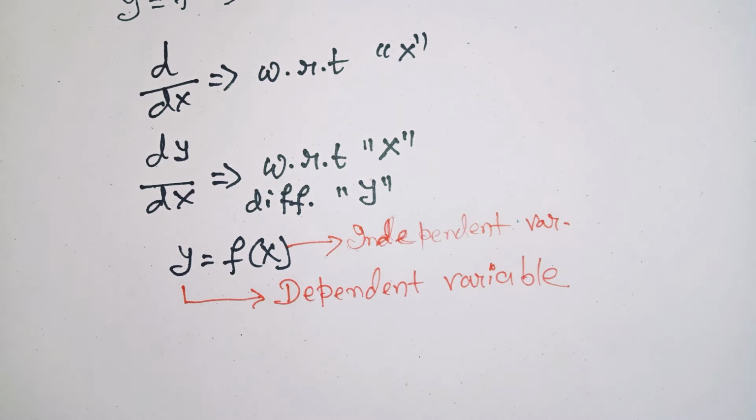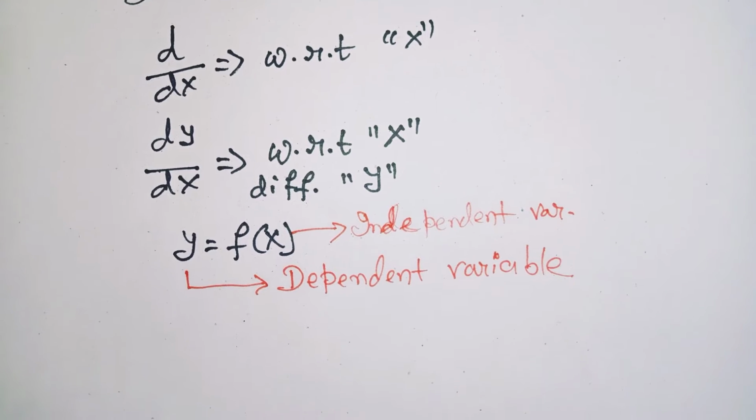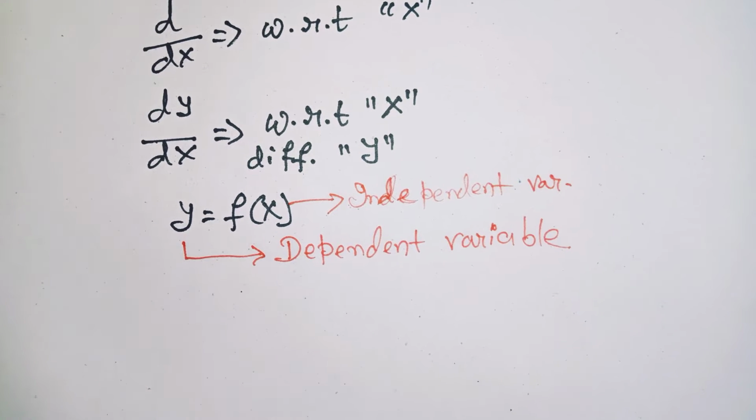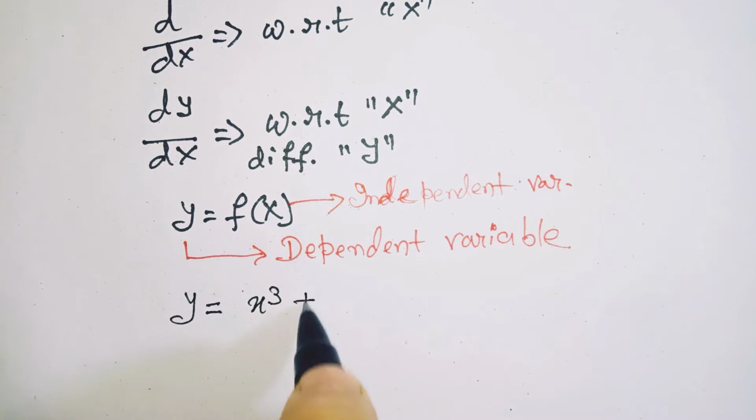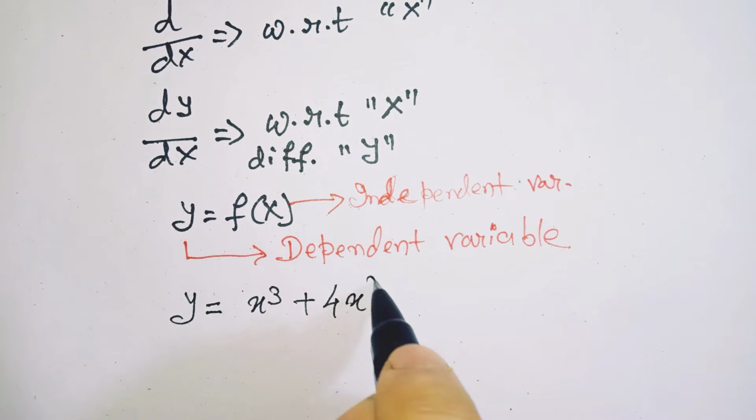Now I will just show you some simple examples which will make things clearer. Say, if I have an equation y equals x cube plus 4x squared.